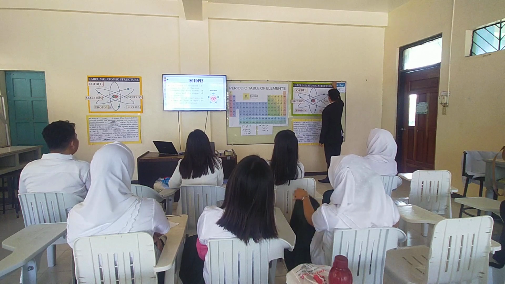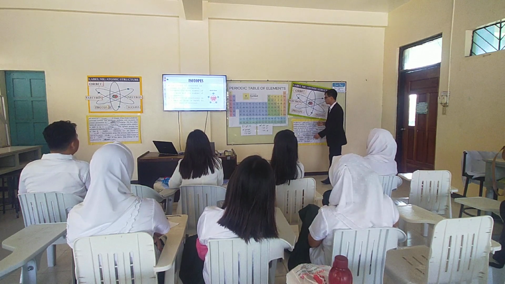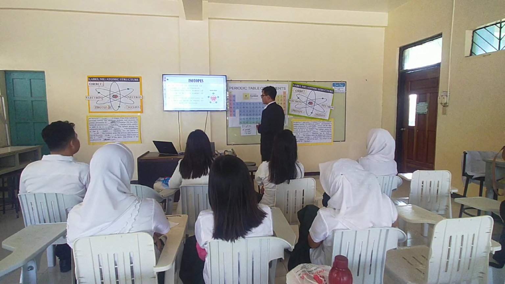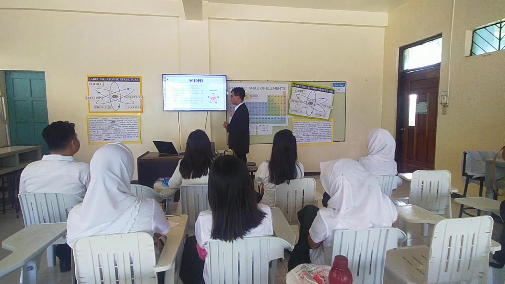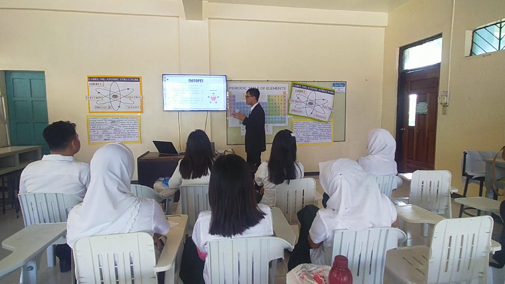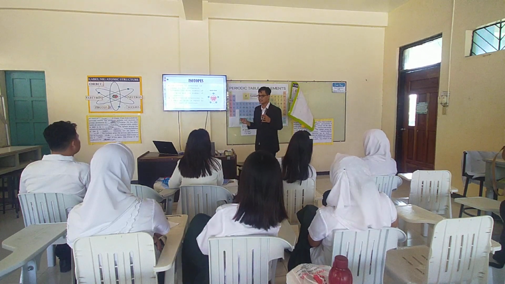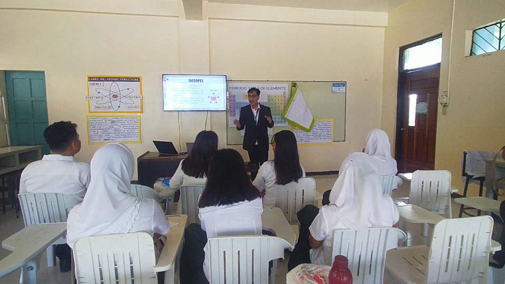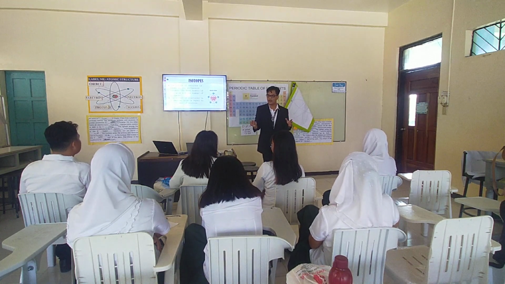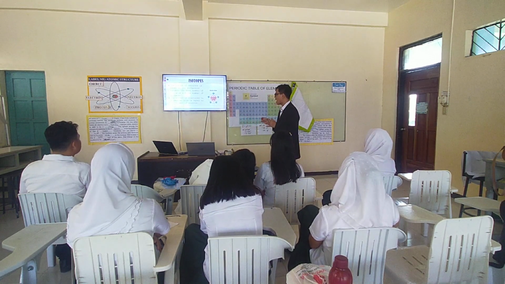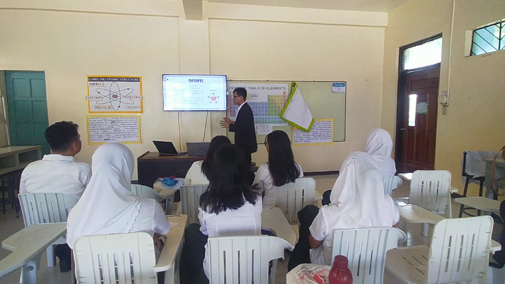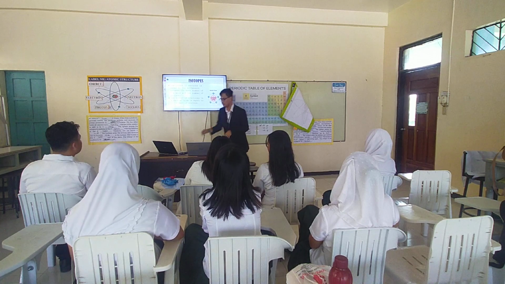The number of electrons in the neutral atom is equal to the number of protons. So always remember that when the atom of a particular element is neutral, the electrons and the protons of this element are equal.